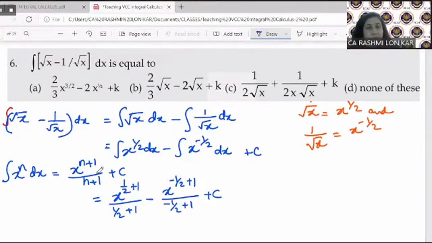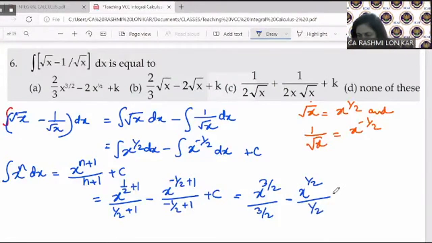What will be half plus 1? 3 by 2. So this is x raised to 3 by 2 upon 3 by 2 minus x raised to half, because minus half plus 1 is half, upon half, plus c.